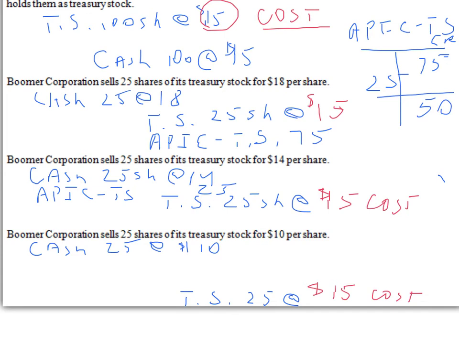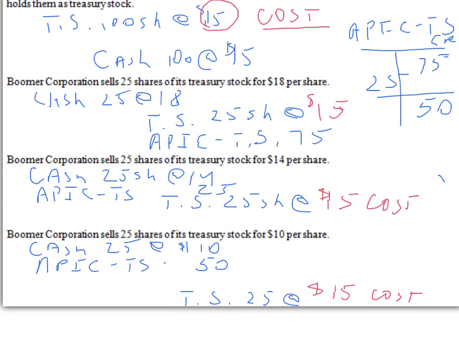You cannot go into abnormal debit balance for that account, so the most you can use is $50. So I'm going to go ahead and write it out. Additional paid-in capital from Treasury stock, $50. Okay, so now I can post it.